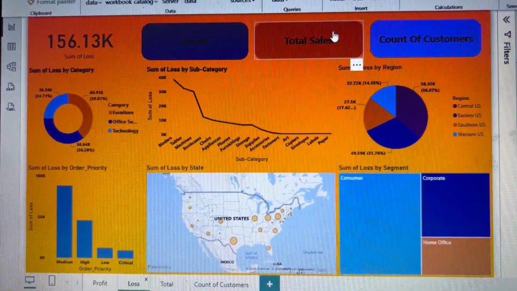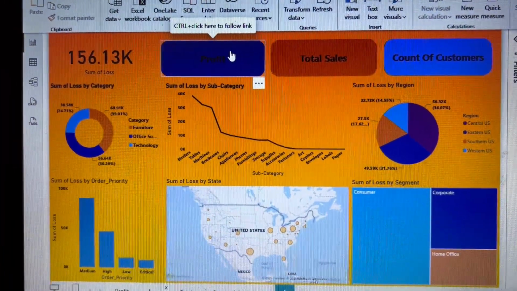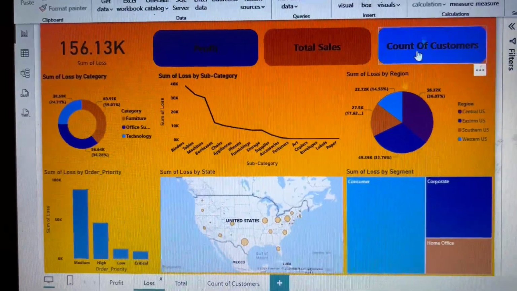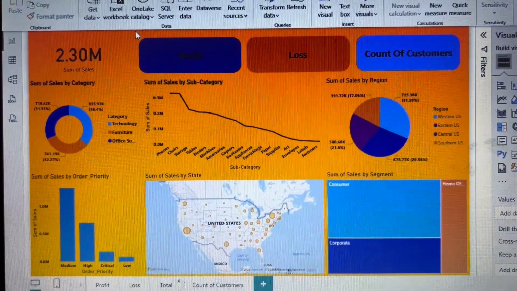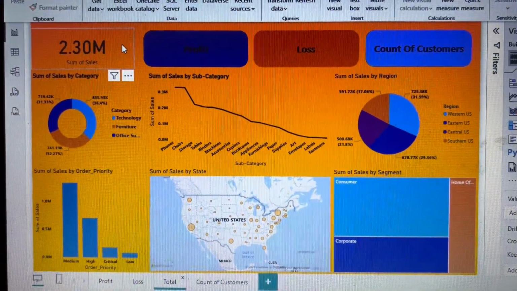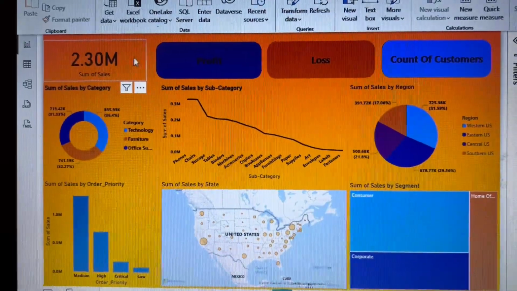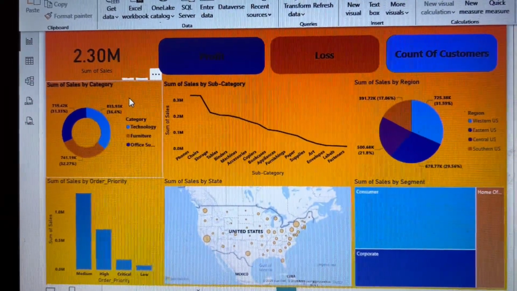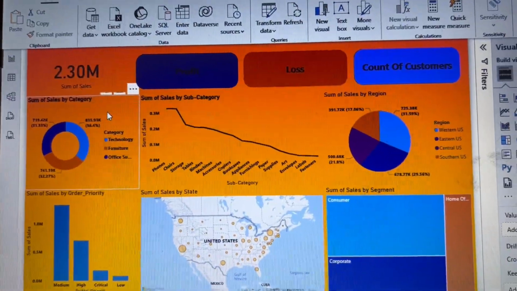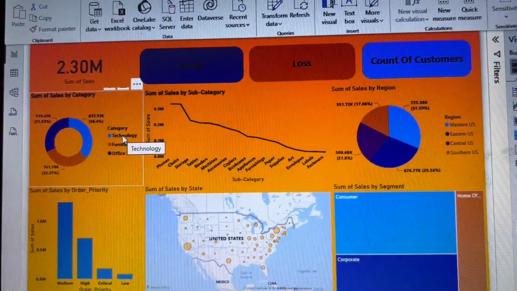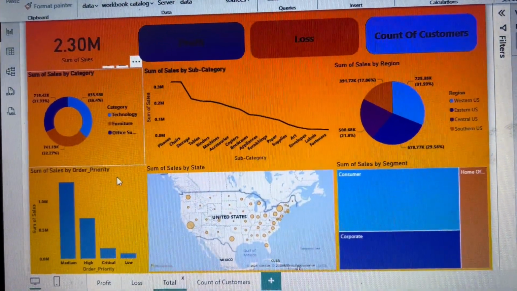I also added these shapes, but it's different. The first one had the loss at the start. This one has profit, then total sales, then the count of customers. Now let's go to the total sales dashboard. Here, the sum of total sales is 2.30 million. Subcategory, the most that was won sales in, I think, is technology, then furniture, then home supply, then office supplies.